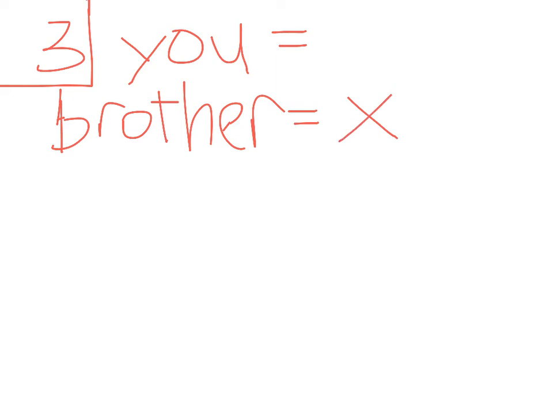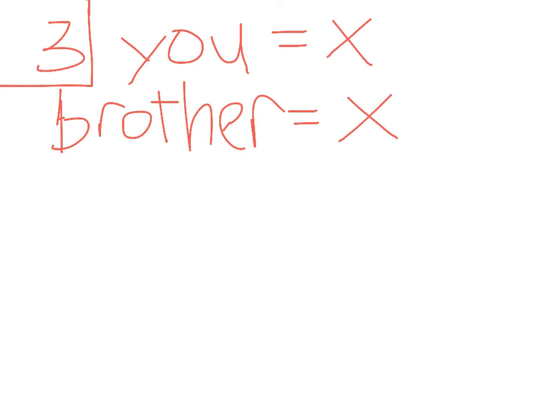Last example here, number 3, says suppose your brother has 15 more baseball cards in his collection than you have. Write an expression in simplest form that represents the total number of cards in both collections. It's kind of weird, but we don't know how many you or your brother have. But we can say you have x amount of cards, since we don't know.